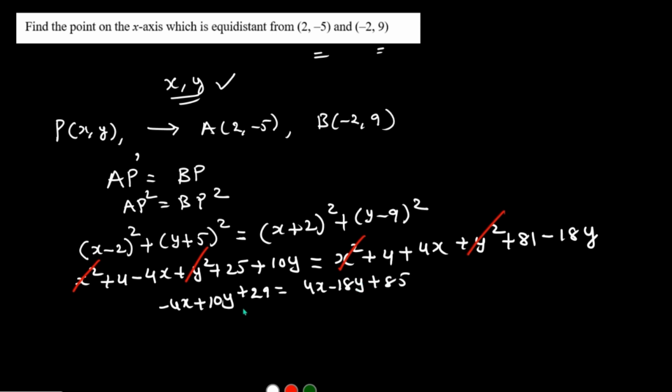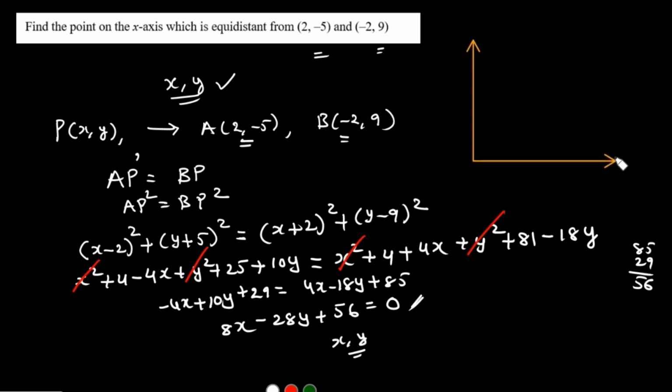If you bring all the terms to the right side of the equation, 4x becomes 8x, minus 18y becomes minus 28y, plus 85 minus 29, 56, equal to 0. So now we have found the relationship between x and y such that it has the equal distance from point A and point B.